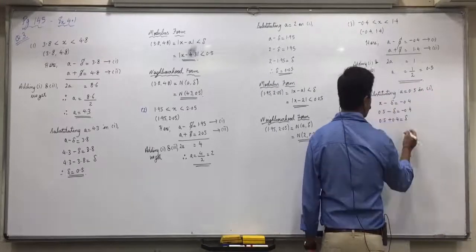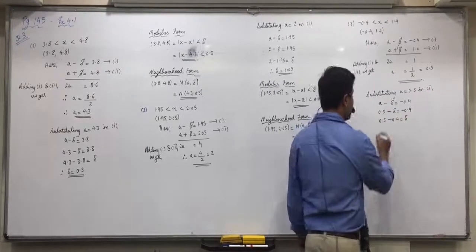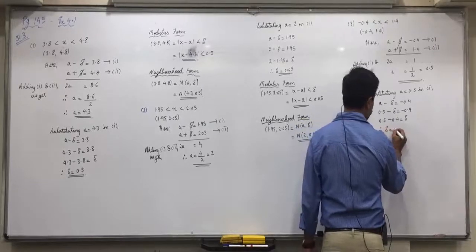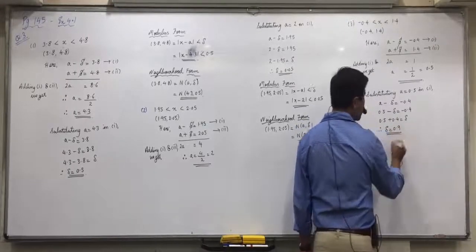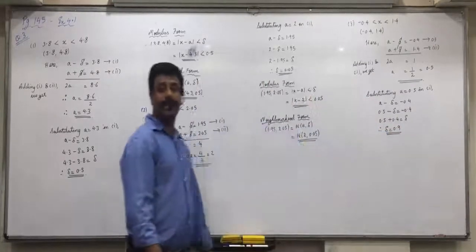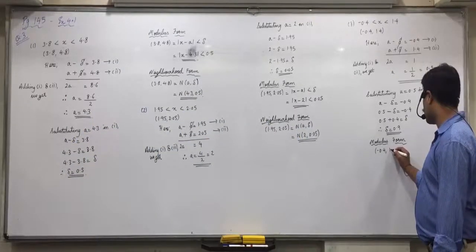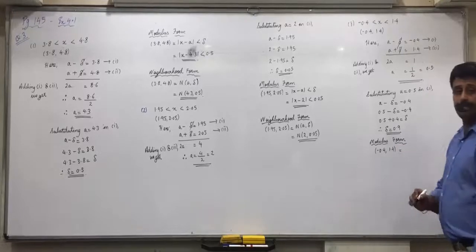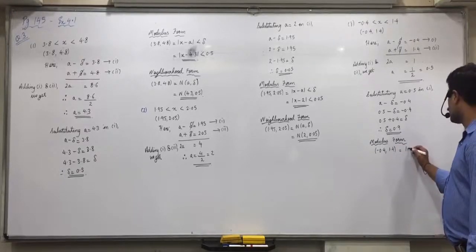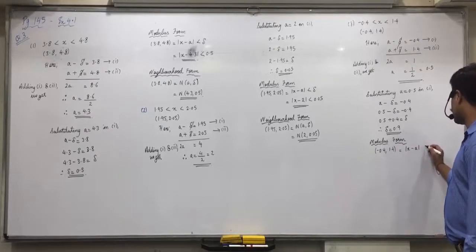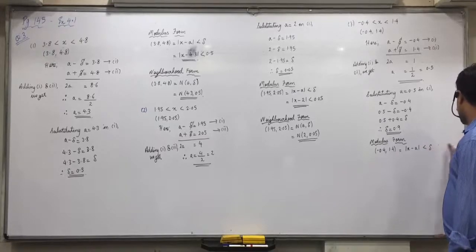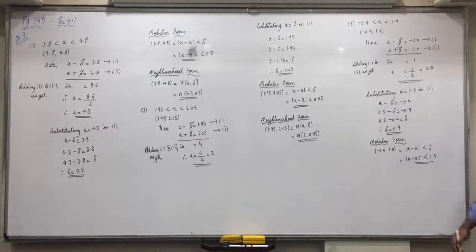Now, here minus 0.4 on the left side will become plus. Delta equals 0.9. So delta is 0.9. Did everyone understand this? Then the interval minus 0.4, 1.4, in modulus form is modulus x minus a less than delta. Are you all clear with this?